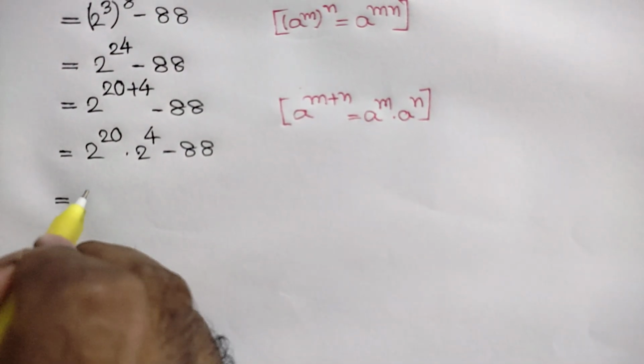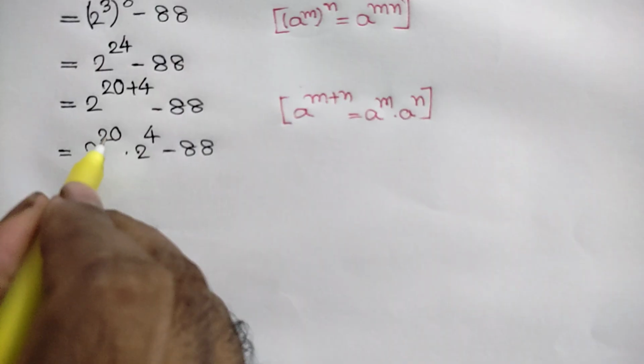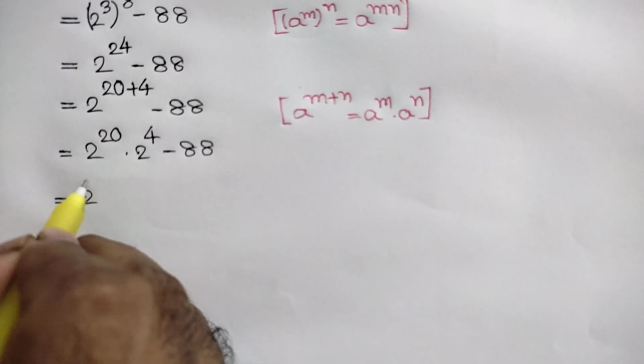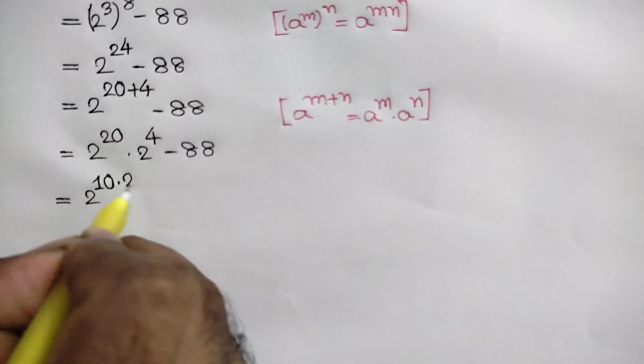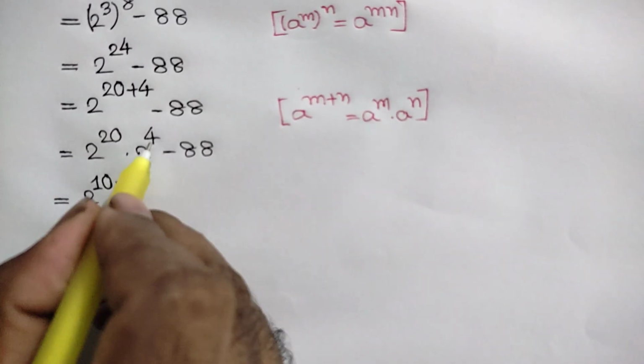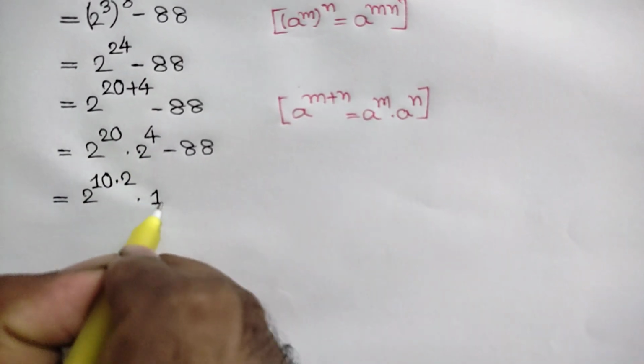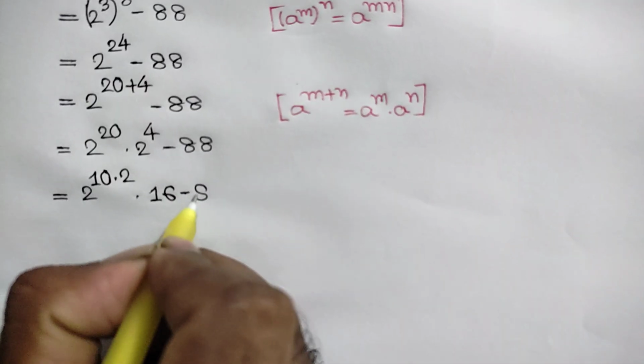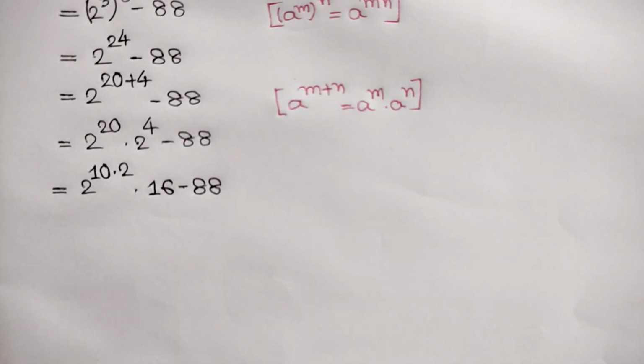Is equal to 2 to the power, now this 20 can be written as 10 times 2, times 2 to the power 4, that means 16, minus 88.